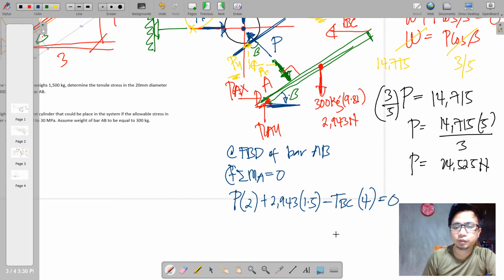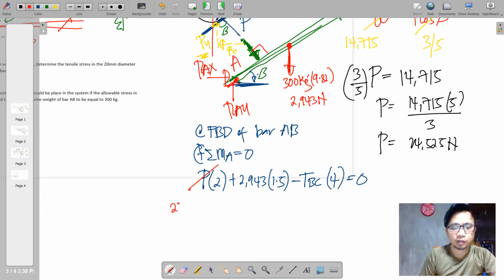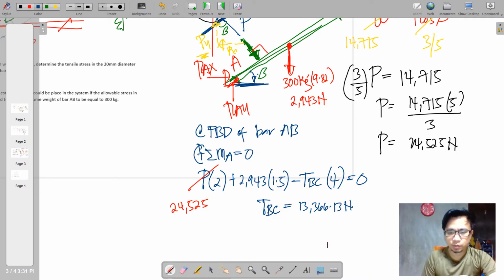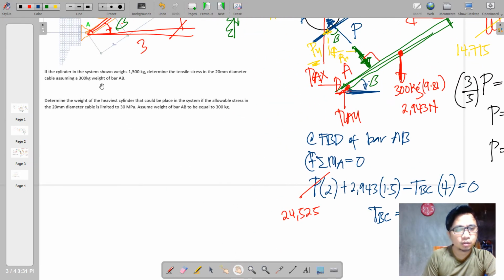So this is equal to 0. All we have to do is substitute what we have obtained for P. So therefore, TBC is now the unknown. So we have here 13,366.13 newtons.